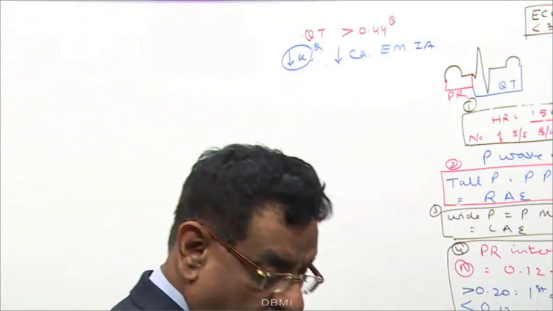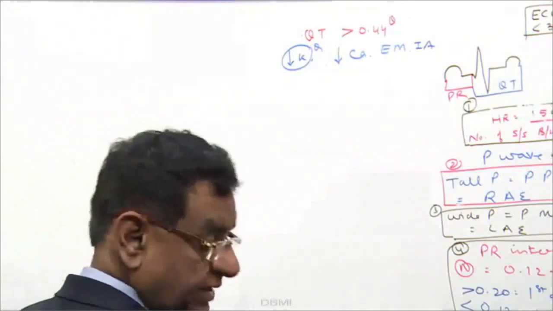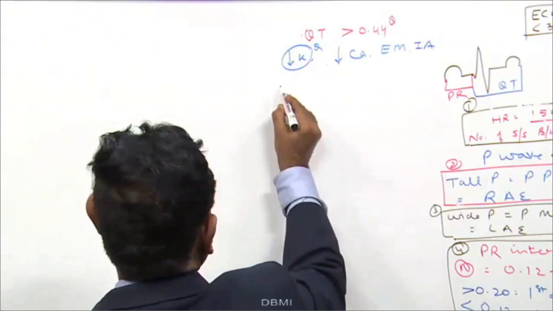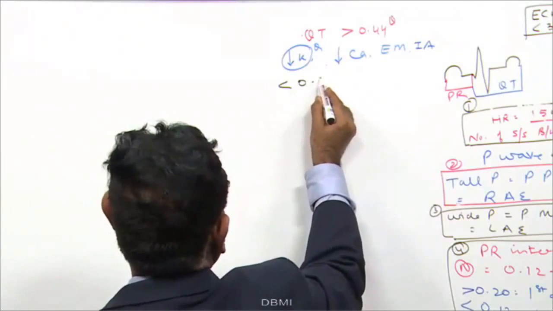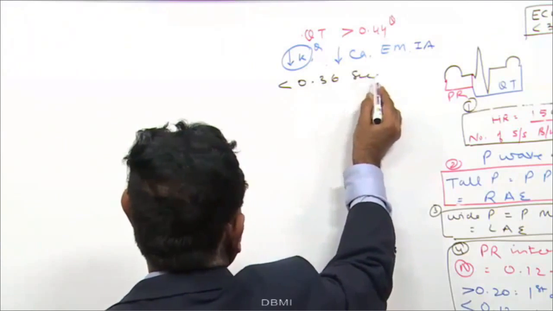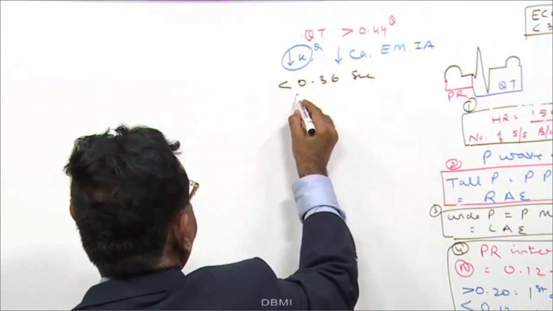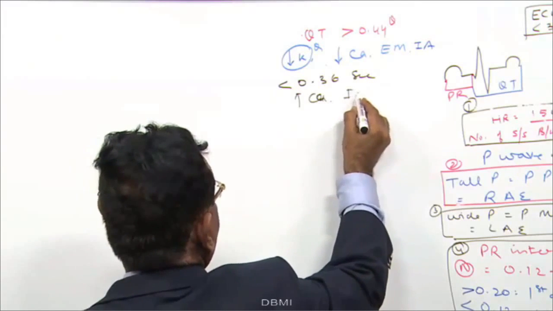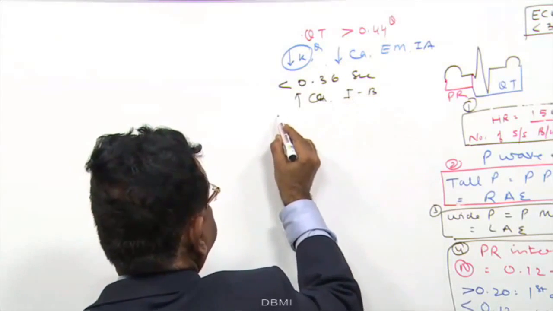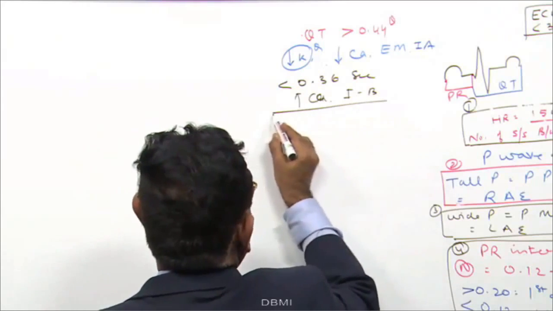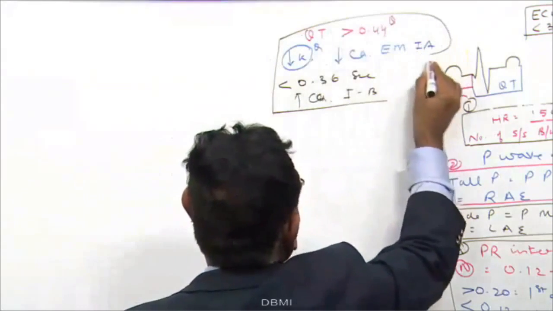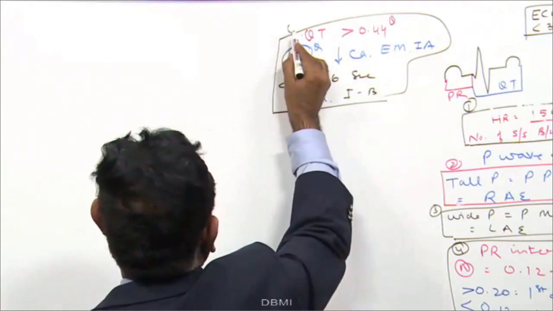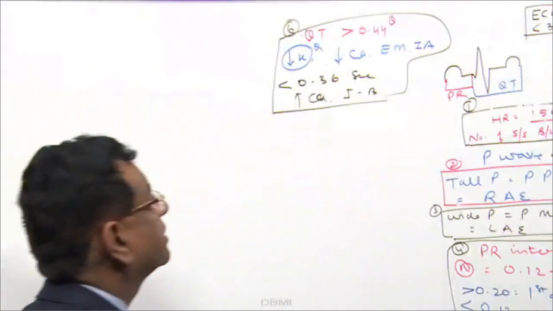Then short QT interval, that means the QT interval less than 0.36 second. This is seen in hypercalcemia and class 1B drugs. Okay, this is box number 6.